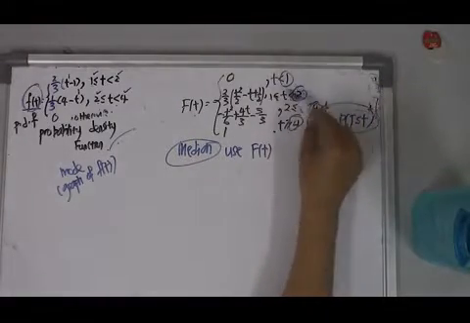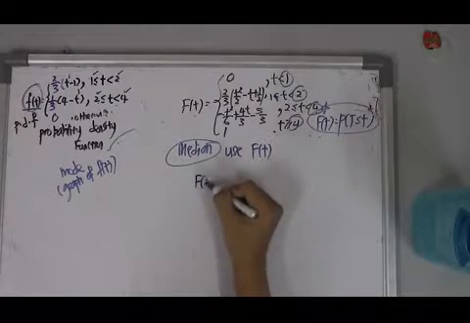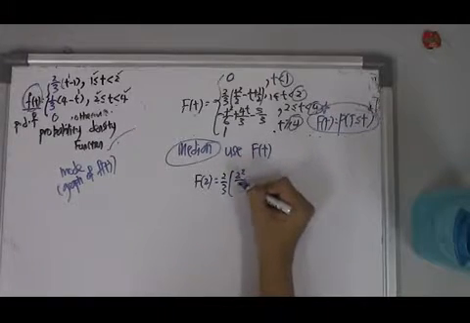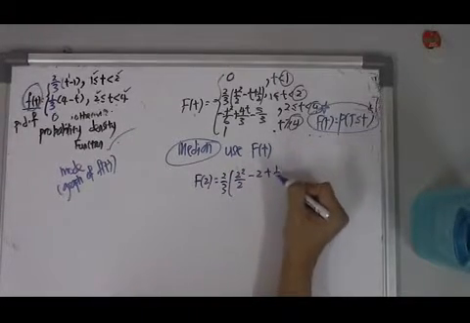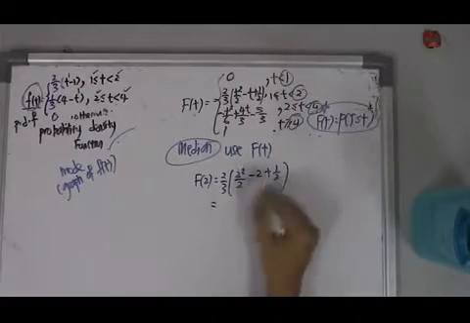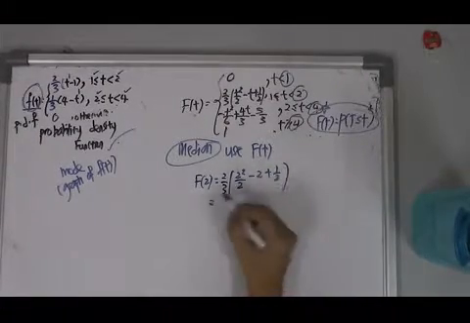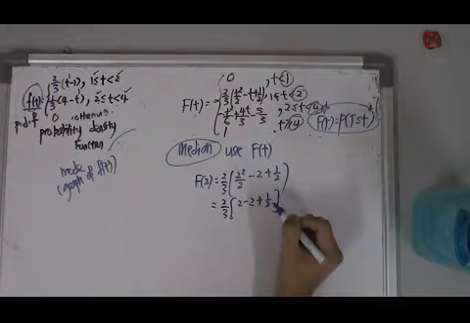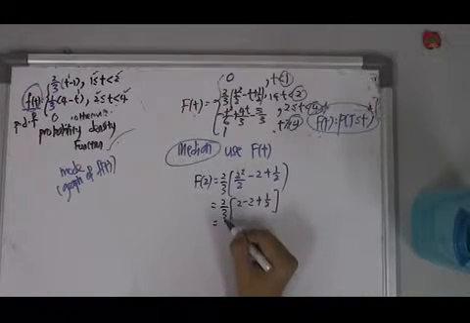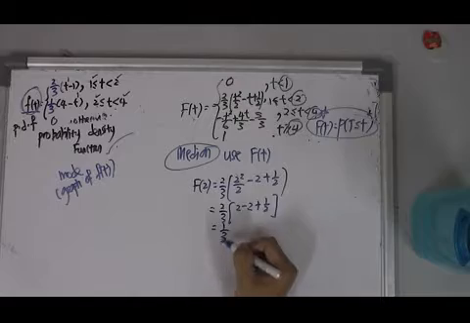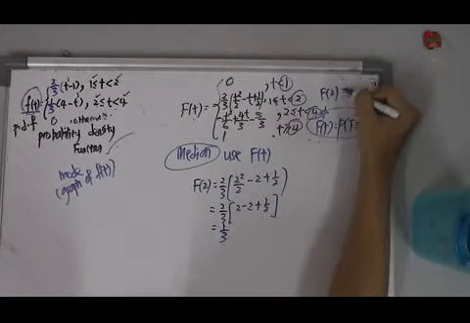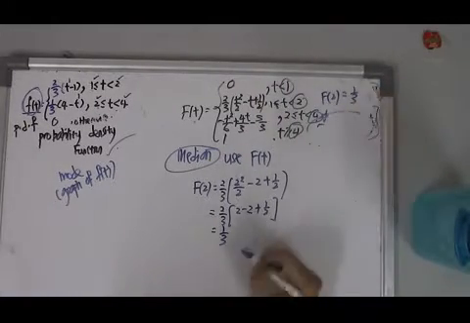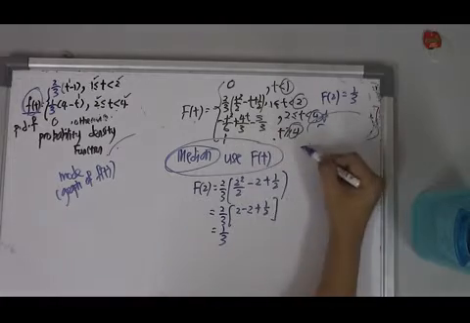So you try to look for F(2), you substitute 2 inside here: 2/3 times (2 to the power of 2 divided by 2 minus 2 plus 1/2). This will become 2 minus 2 plus 1/2, which gives you 1/3. So your F(2) you get 1/3. But for the median, the formula for the median will be big F.